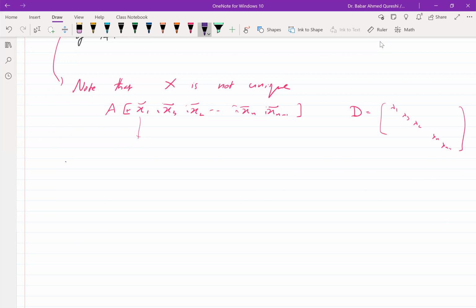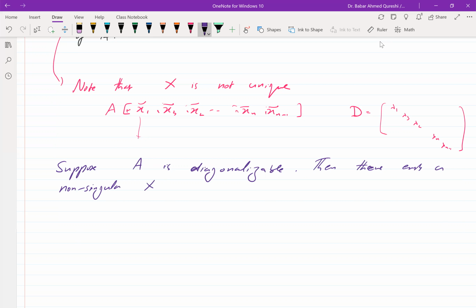So suppose A is diagonalizable, then there exists a non-singular X such that A is X D X inverse.